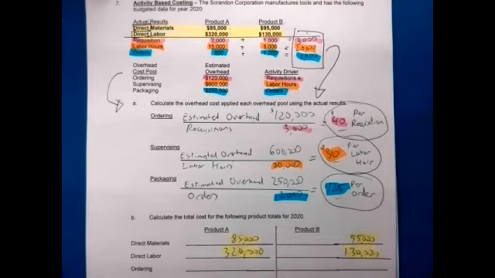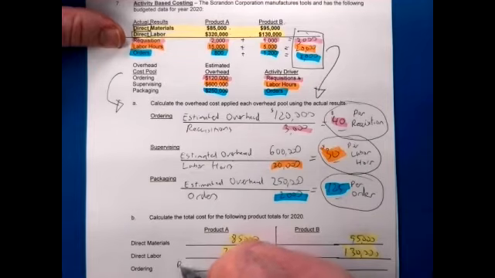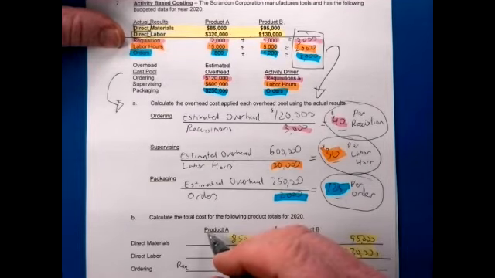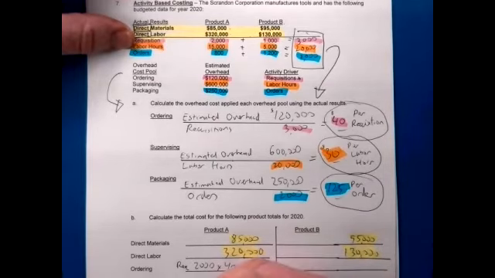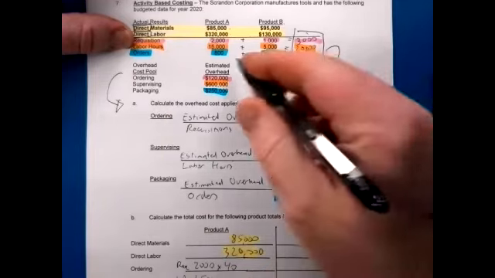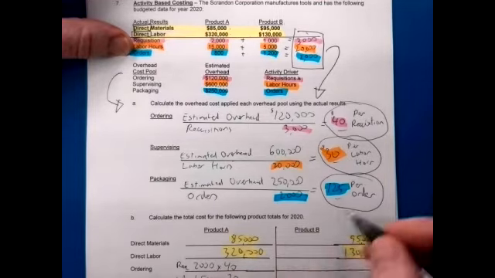Okay, coming down here, we have our requisitions of 2,000 times the 40. Our labor hours was 15,000 times 30. And our orders were 800 times 125.